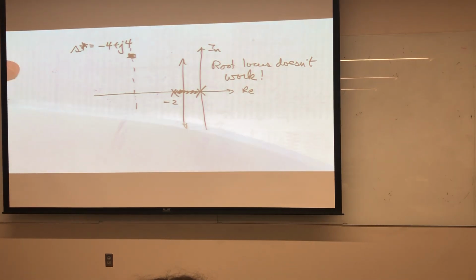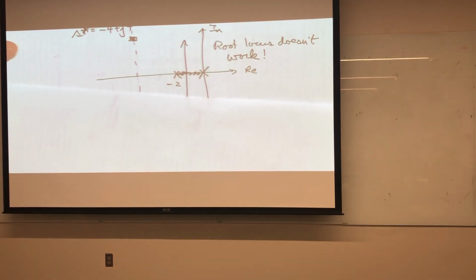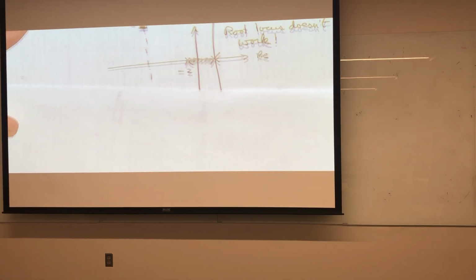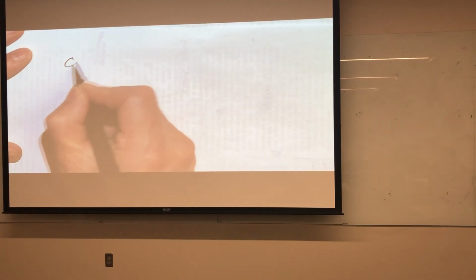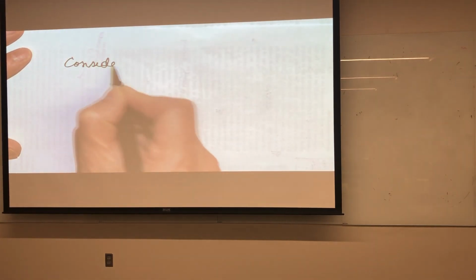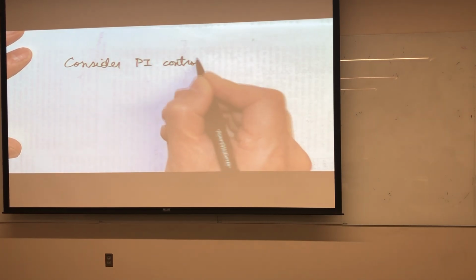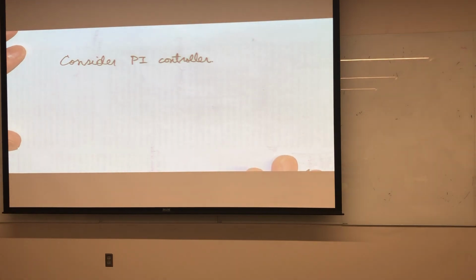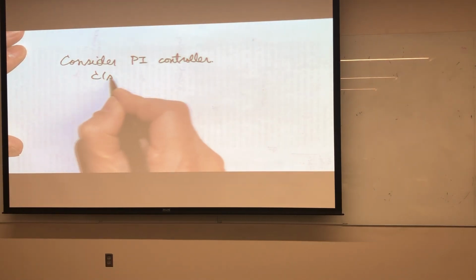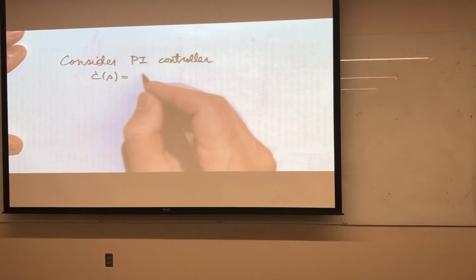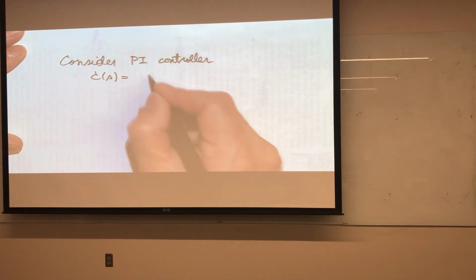So let's think about the PI controller. Instead of just having integral control, let's consider a PI control. A PI controller will say that C of S is equal to, you could have two terms, a proportional plus integral.